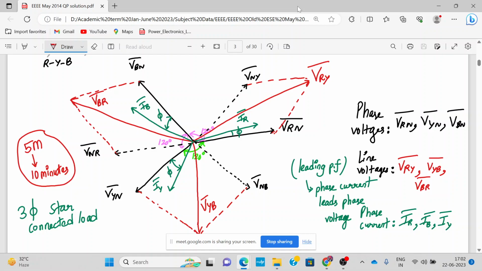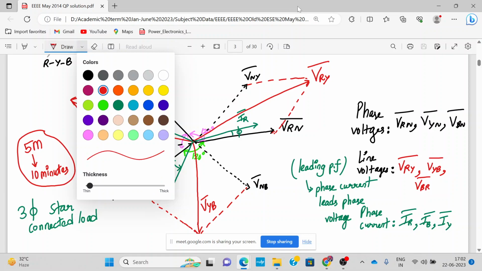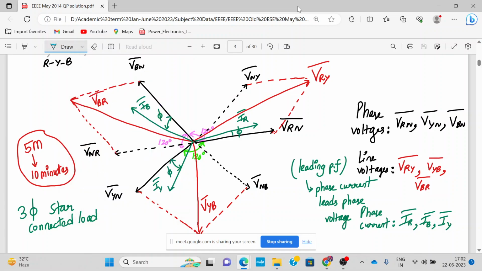Where is the pen now? Yeah. This angle which I am marking, VRY, let's say, we'll consider this one case, okay? This angle should be 30 degree, okay? Are you following? Yes, yes.